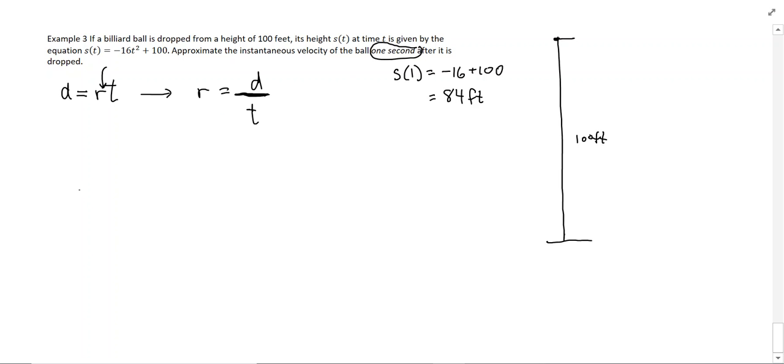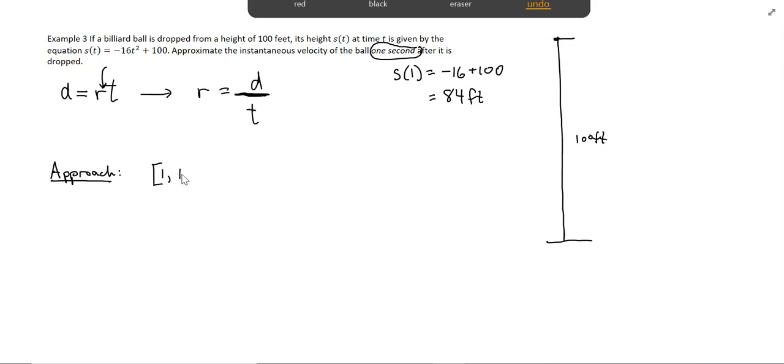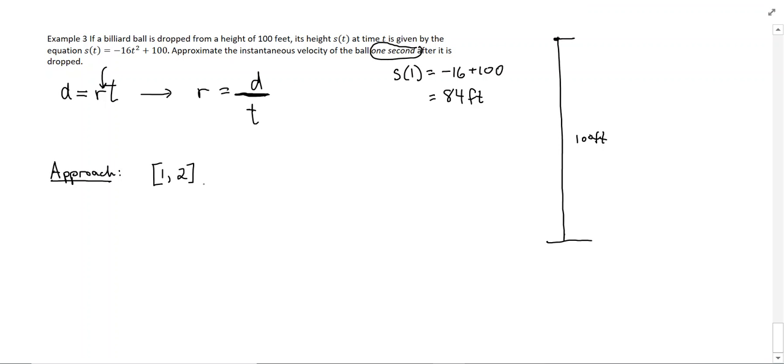Okay, so the approach that we can take to figure this out is to take a couple of snapshots of the ball as it's falling. So what we're going to do is study the ball as it travels. So this is a t interval. Where is it after 1 second versus where is it after, let's say, 2 seconds?